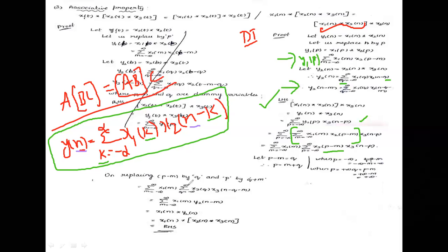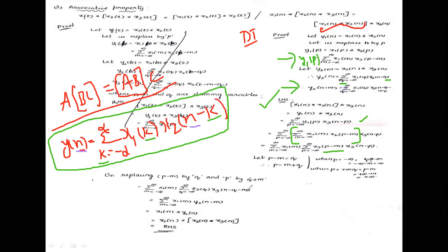Follow, my students. Q is equal to minus infinity to infinity, x2 of q, x3 of n minus p. What is p? m plus q. So n minus q minus m.